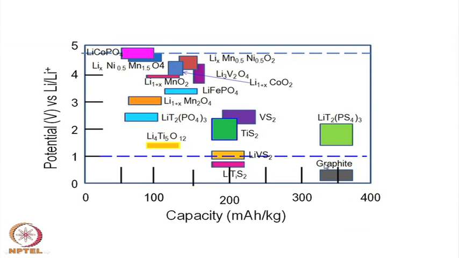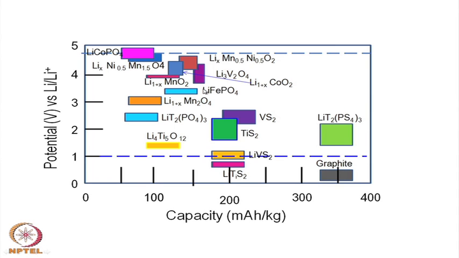We discussed this particular figure in which many different oxides or many different other compounds have been plotted both in terms of the voltage or the potential which can be generated out of it, in terms of the lithium and the capacity. So, a large number of different materials have been presented here, and as was mentioned earlier, lithium cobaltite is somewhere there.